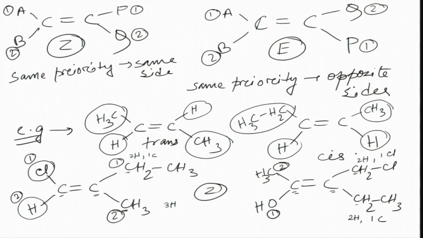So, 2 hydrogens are common. This is bonded to 1 carbon and this is bonded to 1 chlorine. Since chlorine has a higher priority than carbon, this will be 1, this will be 2. Now, in this case, the same priority groups are on opposite sides, so we will call this E.